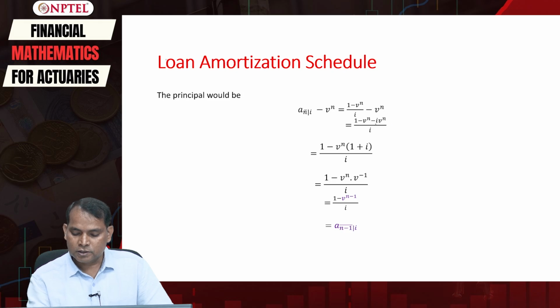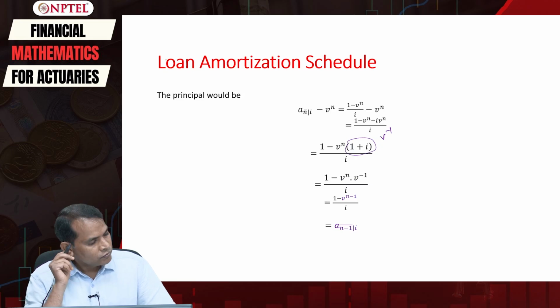Now take this v to the power n out, we will have (1 minus v to the power n) multiplied by (1 + i), divided by i. Now we can rewrite this as v to the power minus 1. So it is (1 minus v to the power n) multiplied by v to the power minus 1, and then we can rewrite this as v to the power n and v to the power minus 1, then we can have v to the power n minus 1. So I will have (1 minus v to the power n minus 1) divided by i.